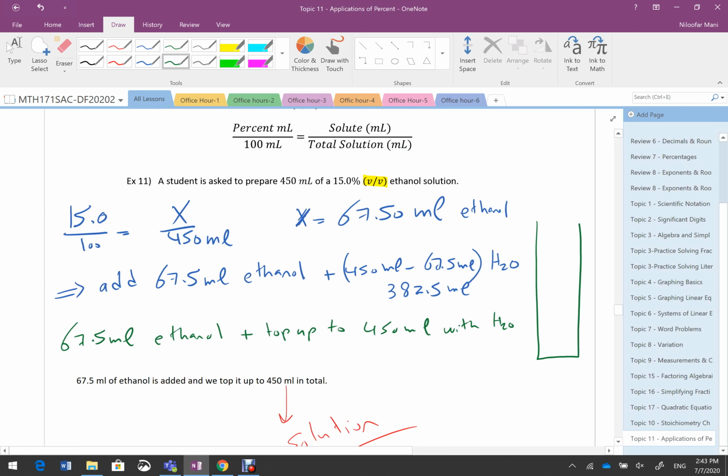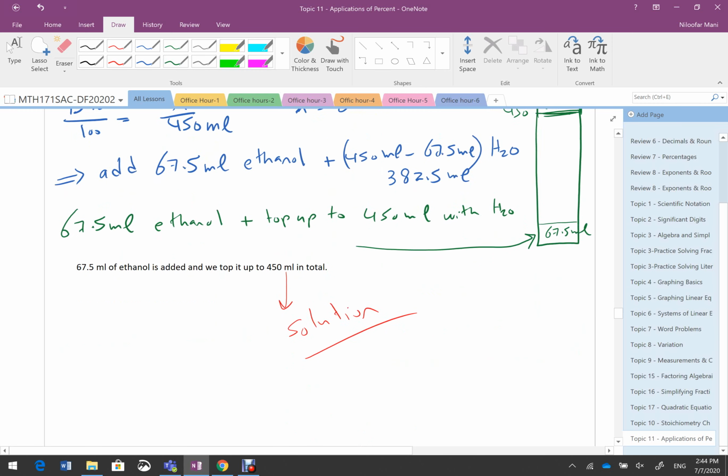I add, for example, 67.5 milliliter, and then I just add up to 450 solution. So I just add the water up to here. So I add it and then I fill it until I reach 450 milliliter, and then it will be a solution, because it's ethanol and also the solvent, so they will be added together to make the solution. Okay, so that's the sentence here.